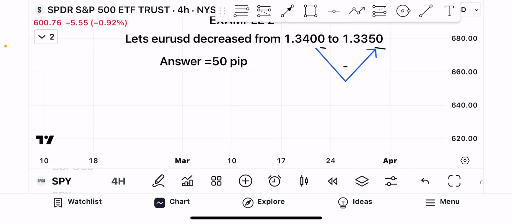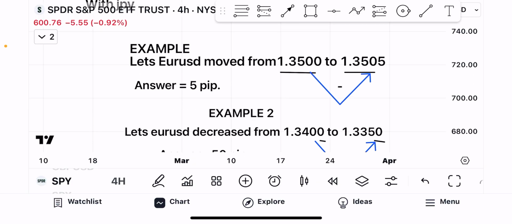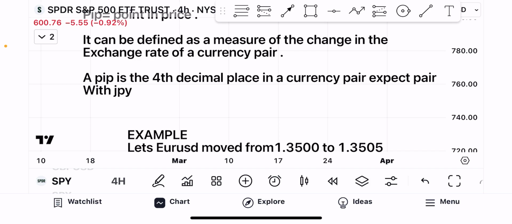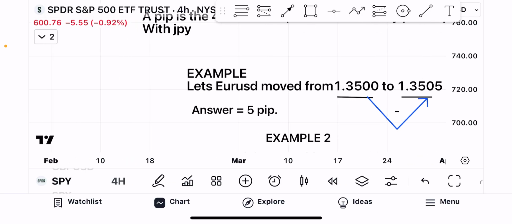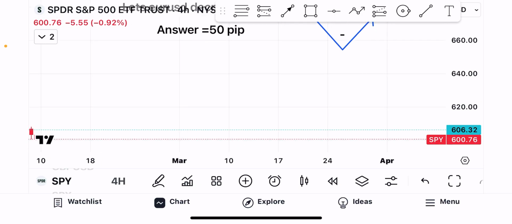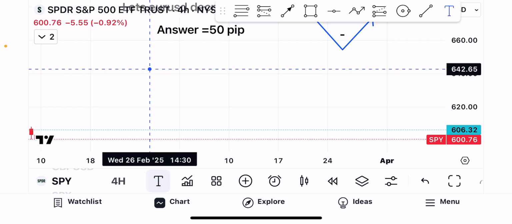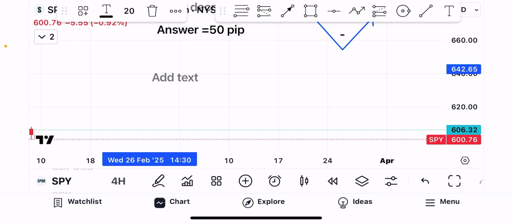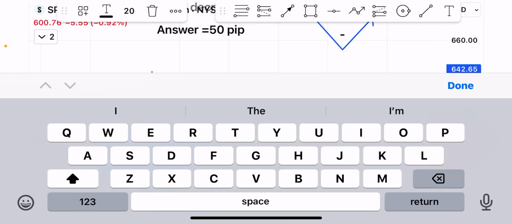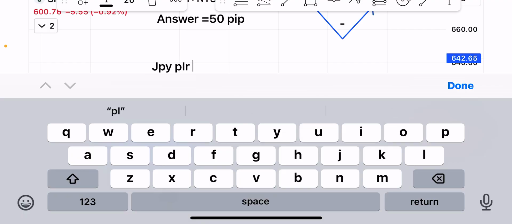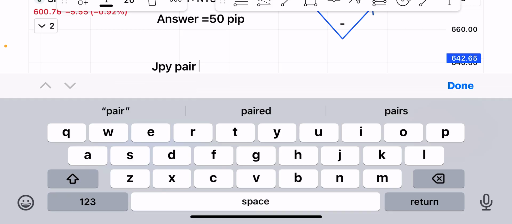Remember we talked about JPY pairs, right? Except the JPY pairs, I made mention of that here. Except pairs with a pip at the 4th decimal place, currency pairs except pairs with JPY. I'll explain why JPY pairs we don't regard as the 4th place. Pairs like USD JPY, GBP JPY, NZD JPY, how we calculate their pip is different.